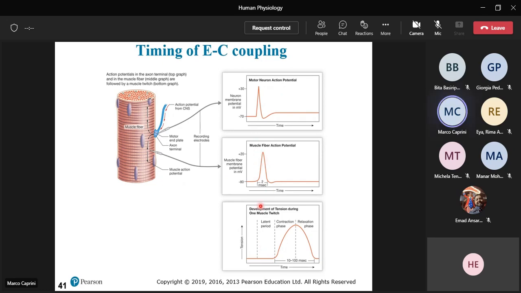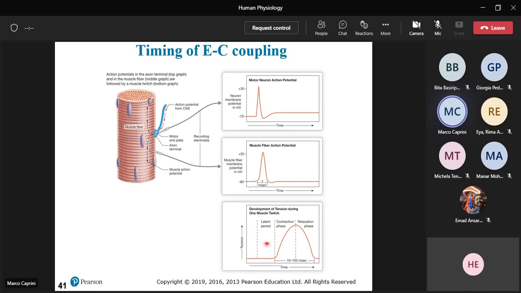The period called latent period here occurs at the same time as the action potential and the muscle fiber contraction, but there is a latent period in which we cannot see an electrical or a mechanical event in the muscle. And what is this latent period?